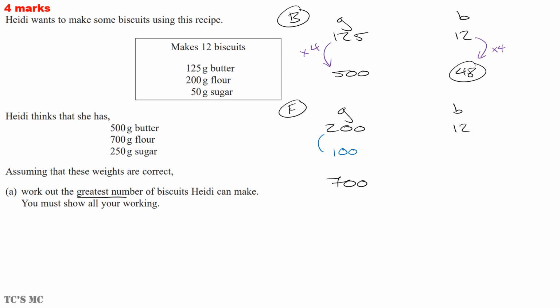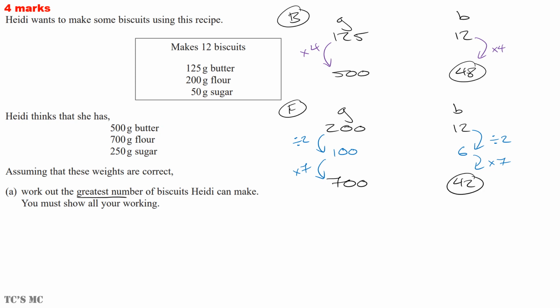To go from 200 to 100, I can divide by 2, and then multiply by 7 to get to 700. Do the same on this side. Divide by 2 and we get 6. 6 multiplied by 7 is 42. And now we have a second mark.